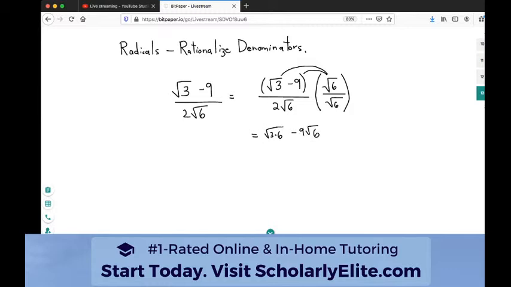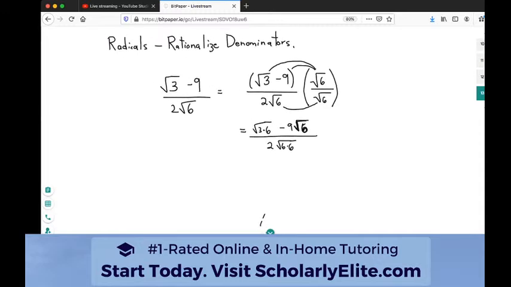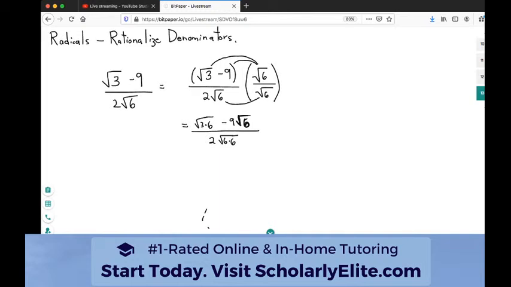That's what that's going to look like. It could look a little nicer if my handwriting was a little bit better. There we go. And then on the denominator side, we've just got 2 times root 6 times root 6, which again can be put under 1 umbrella. I'll just move this over to give us some space.